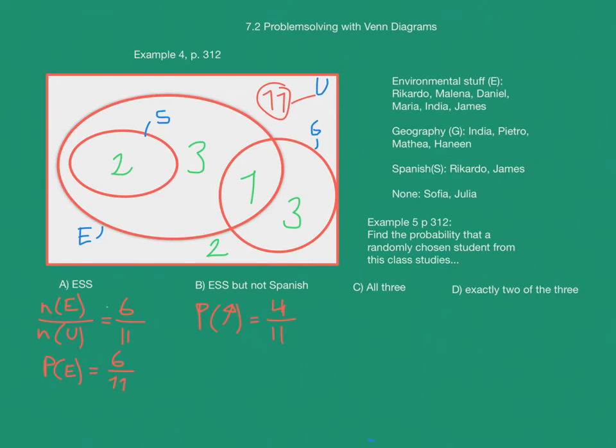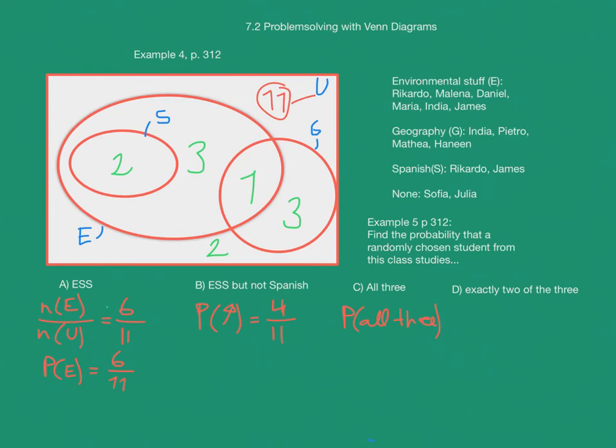Now question C, find the probability that a randomly chosen student from this class studies all 3. Now, if we look at these circles, we don't have the case that all 3 circles overlap. So we can see that there are no Spanish students who also study geography. For that to happen, the circles would have to overlap.